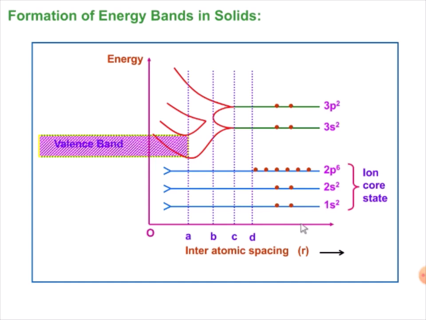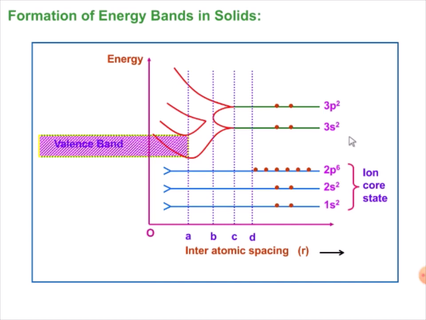In this situation, each of the n atoms has its own identical energy levels, which will give a sharp energy level or energy line, we can say. In the electronic configuration, we know that up to 1s2, 2s2, 2p6, these are ion core states, and these 3s2 and 3p2 are valence electrons.